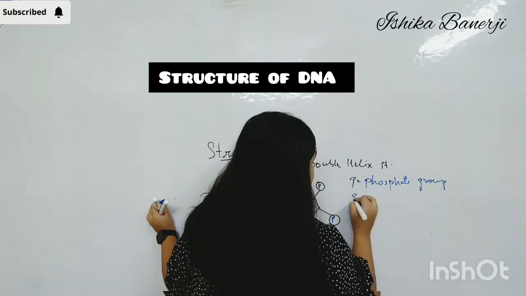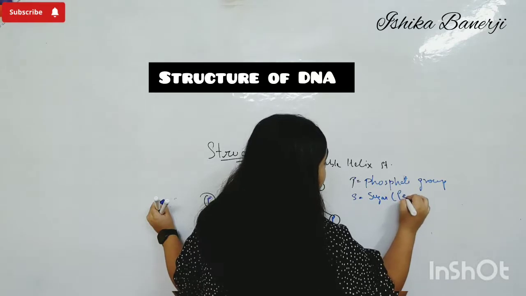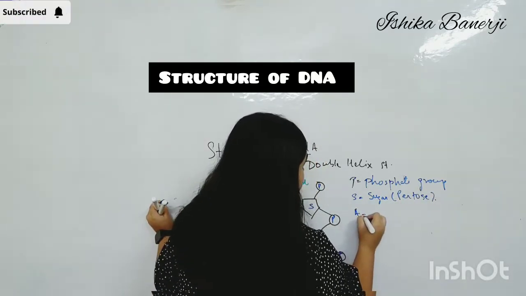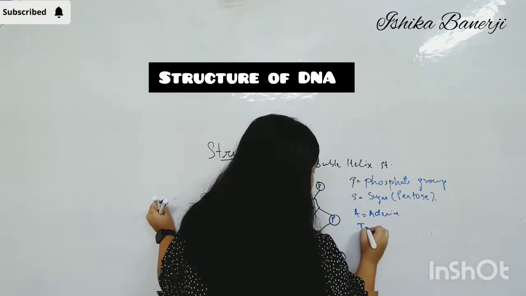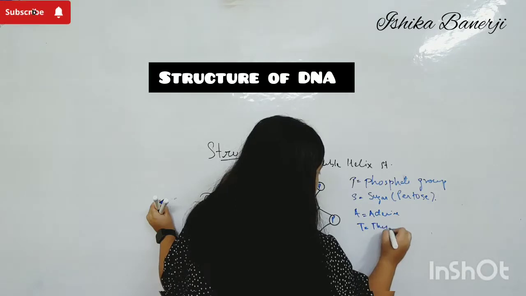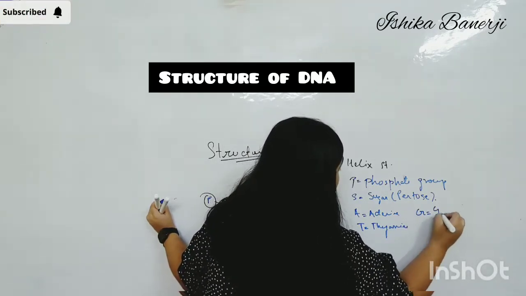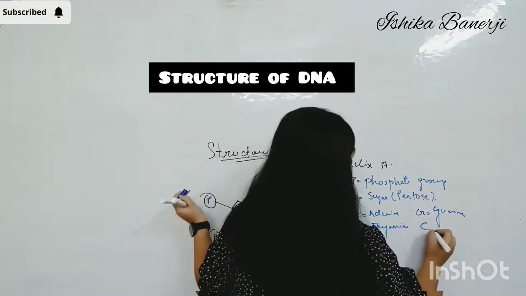S is your sugar. What type of sugar? Pentose sugar. A stands for adenine. T stands for thymine. G stands for guanine. And C stands for cytosine.